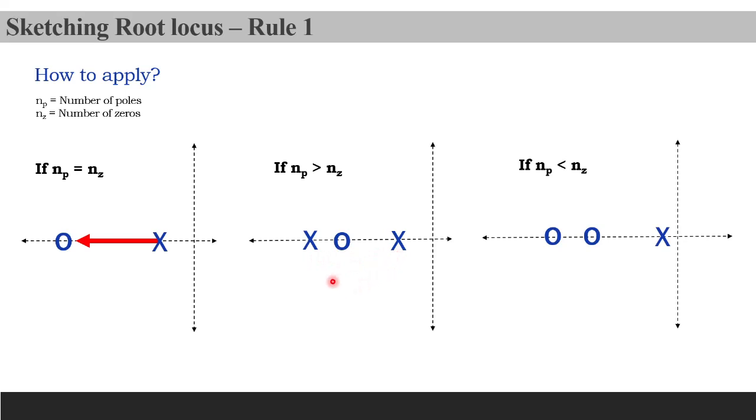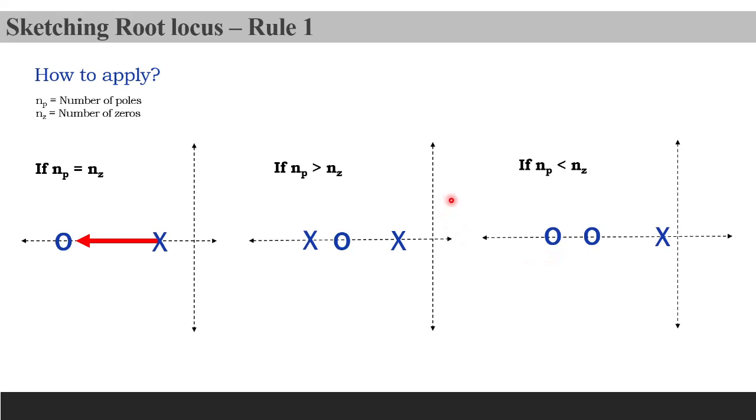So we will assume that there is one zero at infinity for the particular pole. So if I have two zeros here and one pole here, I would assume that one of the zeros will be paired with this pole, and the zero which is left out is paired with another pole which is resting at infinity.